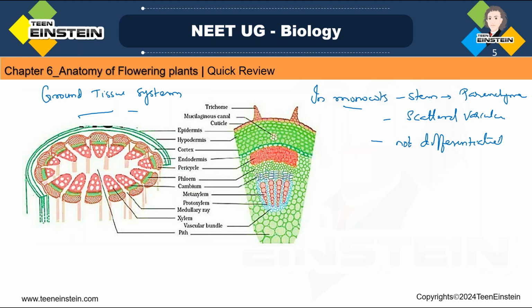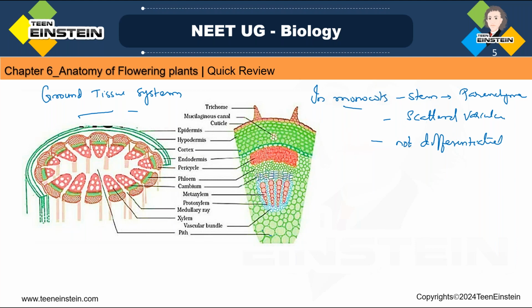Okay, but in dicot, ground tissue is differentiated into main zones like cortex, pericycle, pith and all. Here you can see this is the pith region, and cortex region will be there. Then here this is the cortex region, and pericycle also will be there.